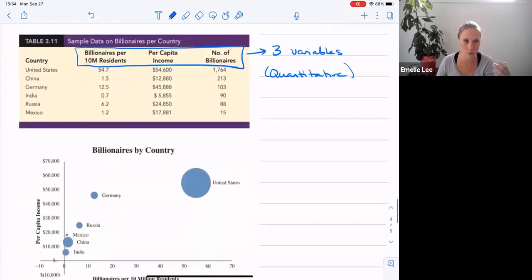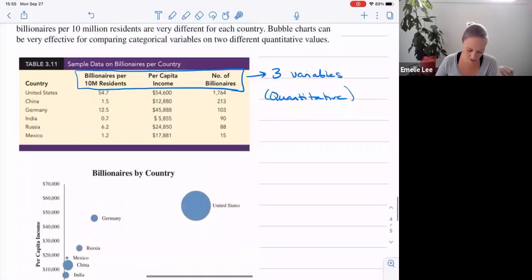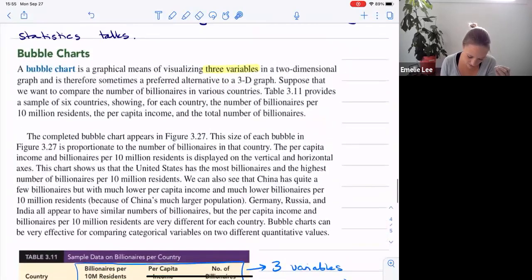There are some cases where maybe we could consider one categorical variable here on the x-axis, but for the size of the bubble, it should definitely be quantitative. And so let me just go back to this blurb and see if there was anything else I wanted to point out here.